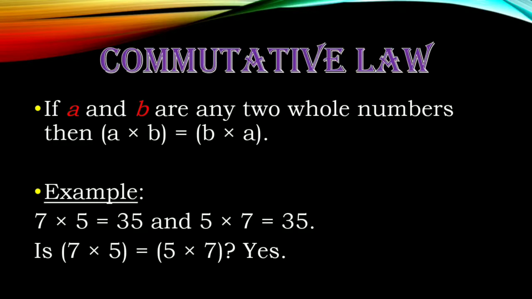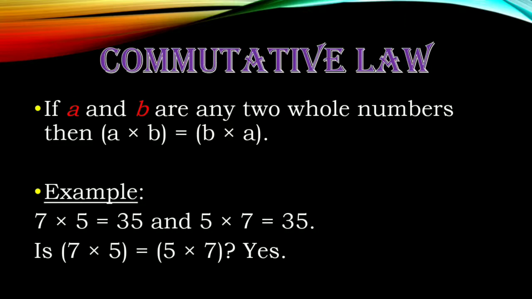Next property is the commutative law. It states that if A and B are any two whole numbers, then A multiplied by B is equal to B multiplied by A. So the order might change, but the product will be the same.